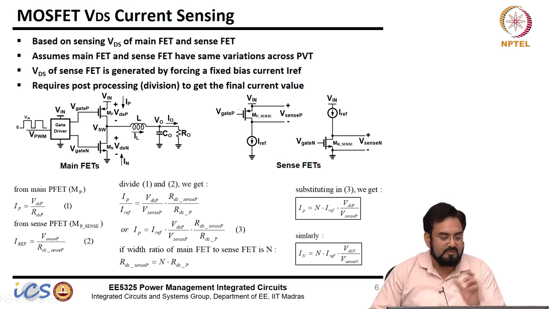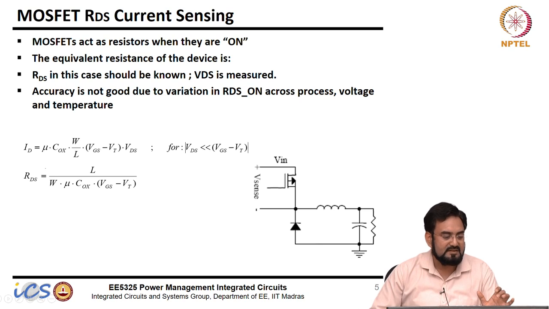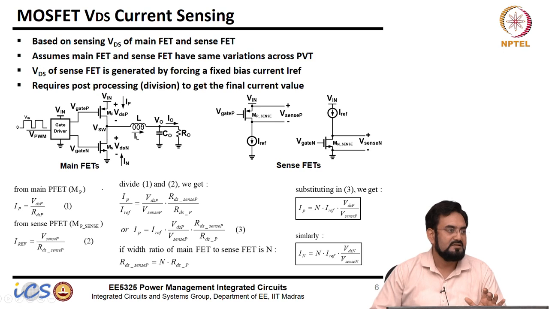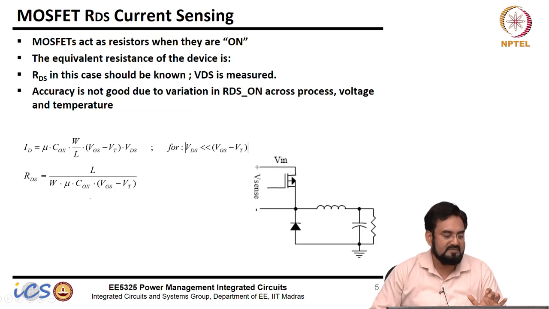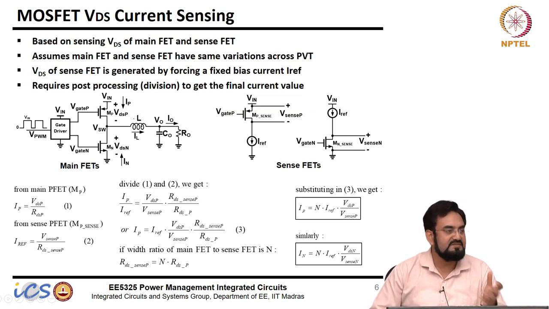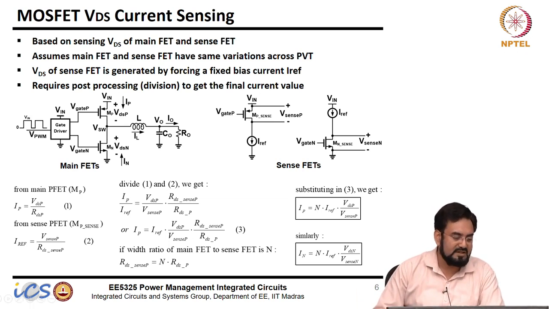Both have the same formula, and the only difference is W by L. The rest of the parameters remain the same. So the size determines the voltage here, and here the load current will determine. If you look at the ratio of the two, those PVT effects get cancelled out, and that's what we have done here.